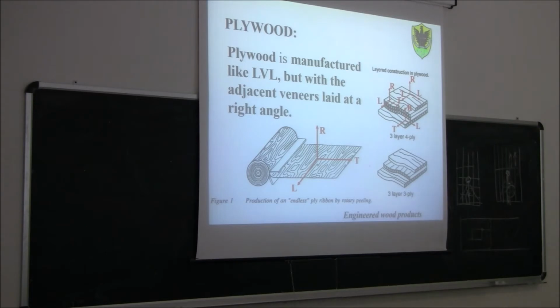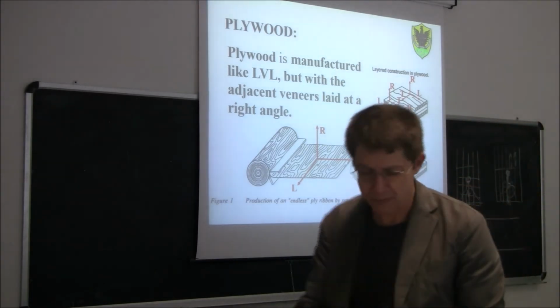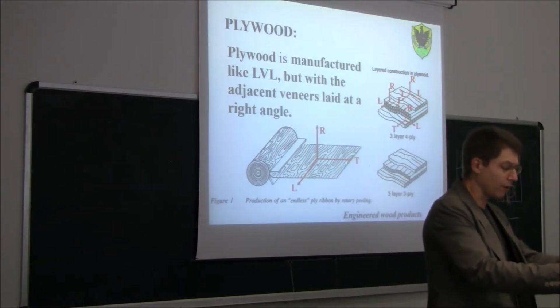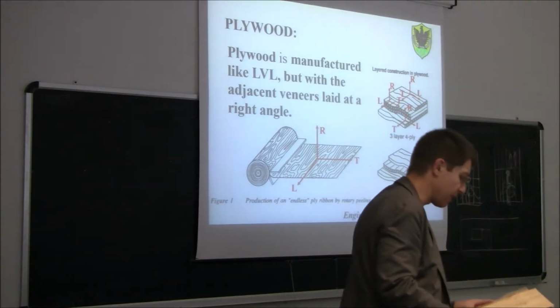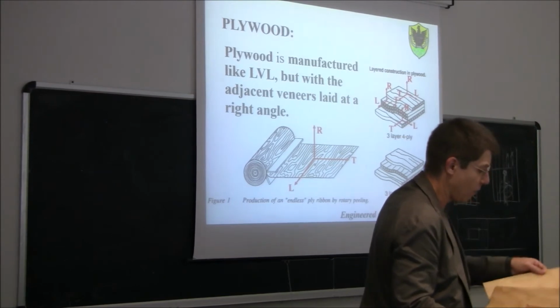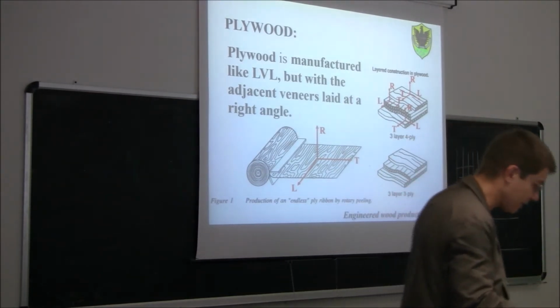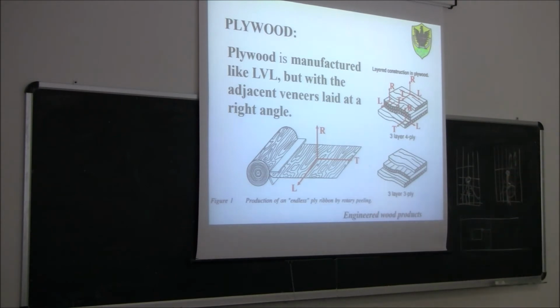So the idea is then to do more or less what we have done for glulam. So, for example, instead of gluing all the veneers in the same direction, we can think about gluing one perpendicular, the other one perpendicular. If we do something like this, you can see that immediately we get a much more isotropic material. Immediately.